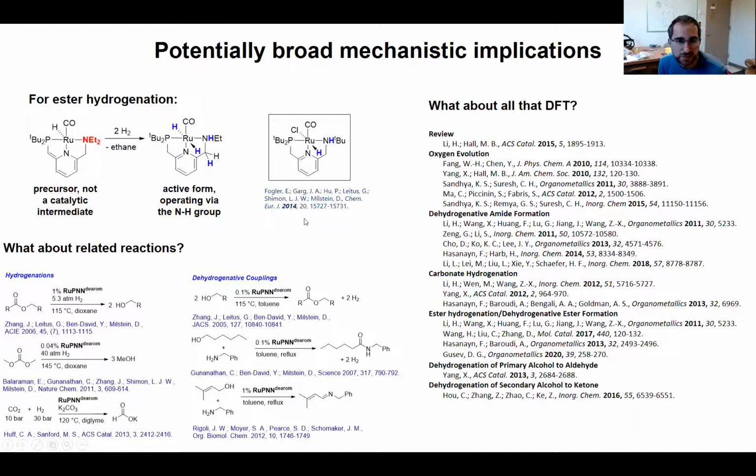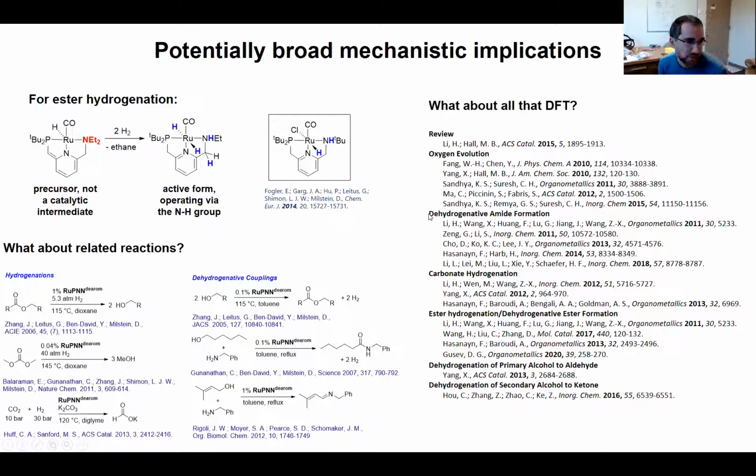And I also want to point out that in the Milstein group, they have determined that an NH functional group is indeed highly beneficial for their form of the catalyst. So they have this NH-t-butyl version of the catalyst that's been shown to be really highly active for a range of reactions and more highly active than the diethylamino form.